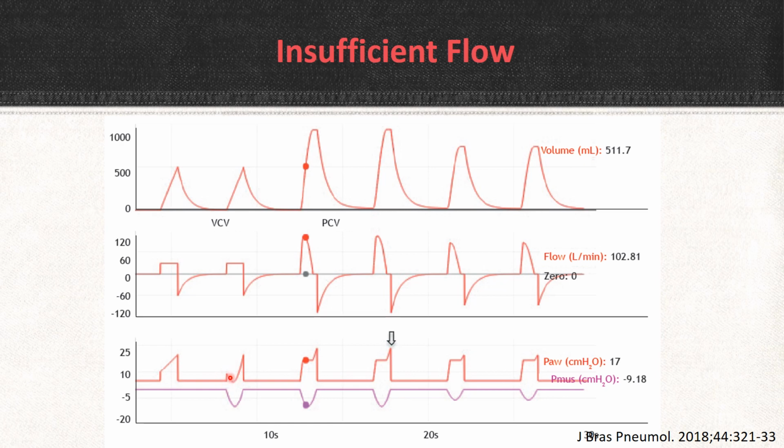So, this scooping is due to insufficient flow. If we see this type of scooping, we can diagnose that there is insufficient flow. So, we can increase the flow or start pressure control ventilation. Here pressure control ventilation was started, and after starting it, if you see, this scooping is gradually disappearing and coming to normal.